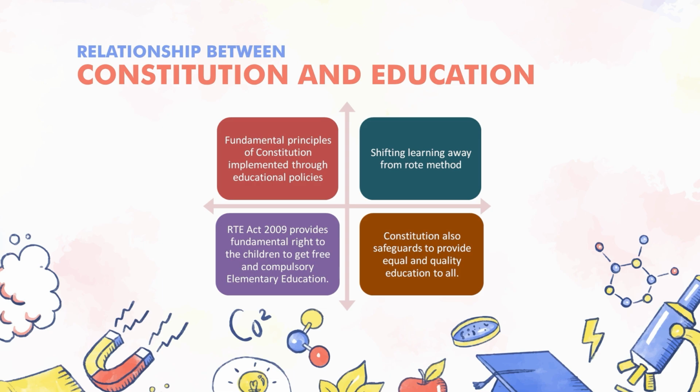The Act says that equality should be there, equity should be there, and at the same time, we must provide quality elementary education. The educational treatment that we provide to the students in our schools should ensure that we are providing better education, quality education, to build quality citizens of the country.